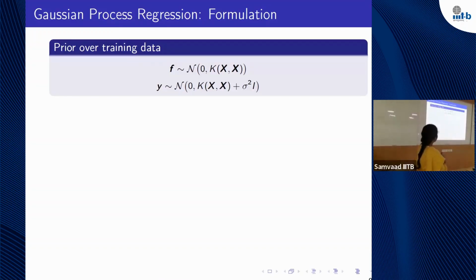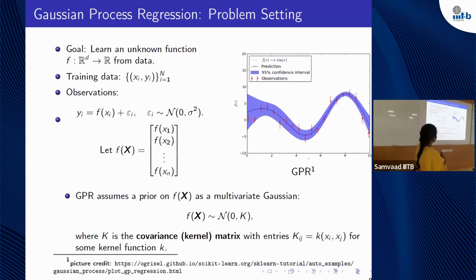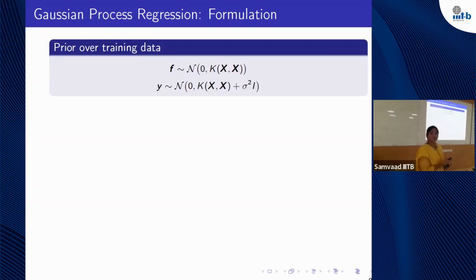And what is y? Y is the observation. Y is f plus epsilon, and epsilon is a Gaussian with zero mean and sigma square variance. All epsilons are IID. So this y is f plus some epsilon, and therefore it is also Gaussian.